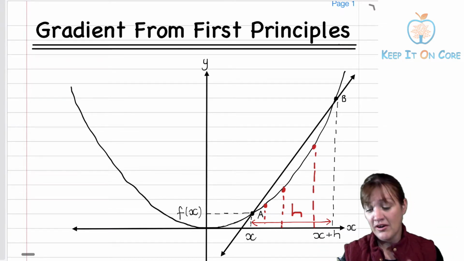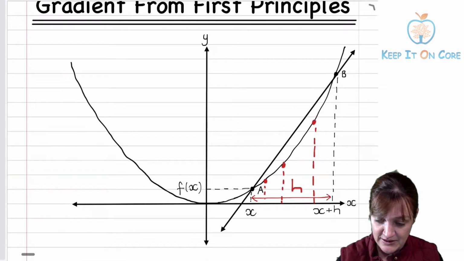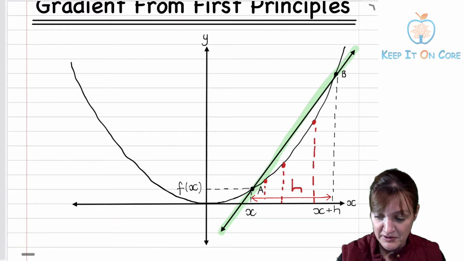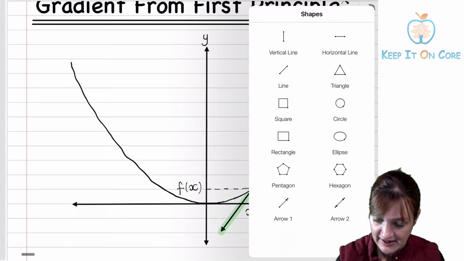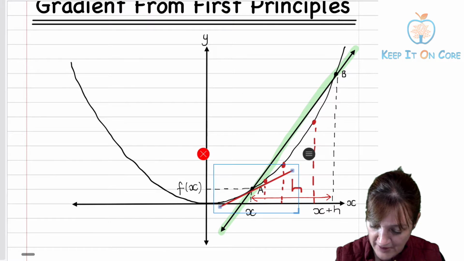Then we no longer have this line passing through two separate points. As you can see at the moment, the line passes through two separate points. But as point A and point B move so close towards each other, let's just get a line here, they move so close that they look like they become 1 point.